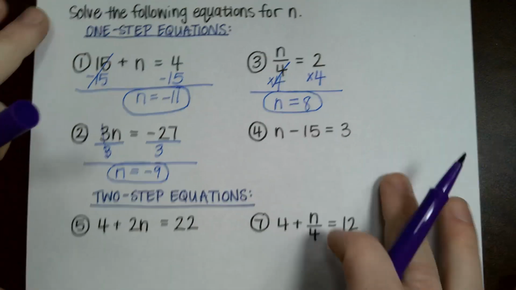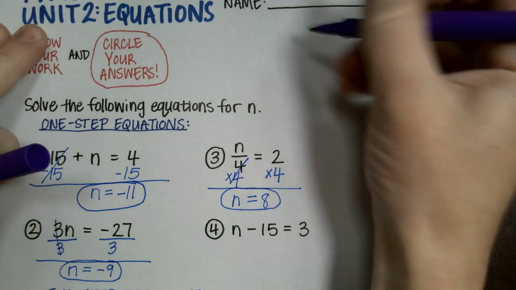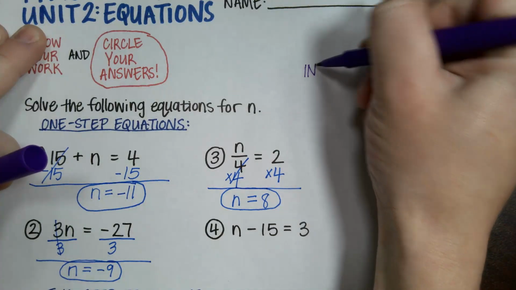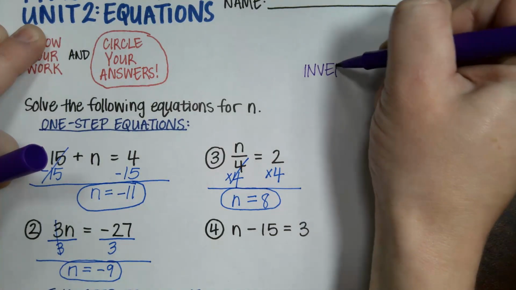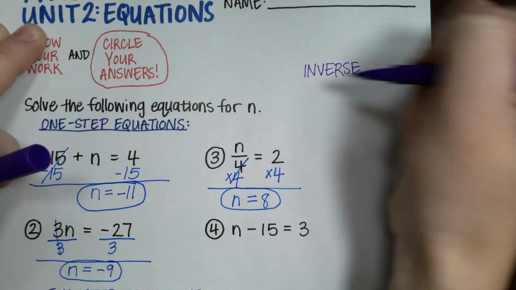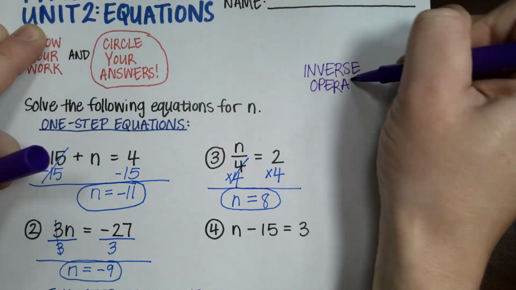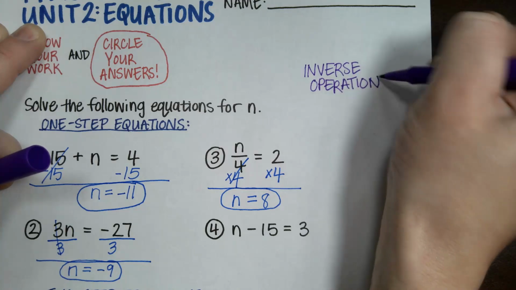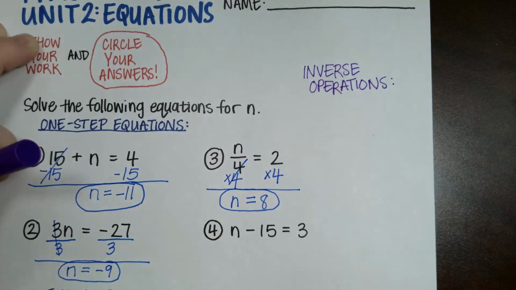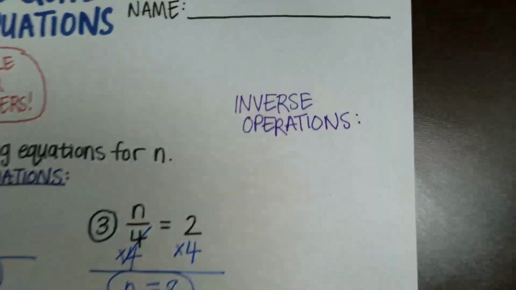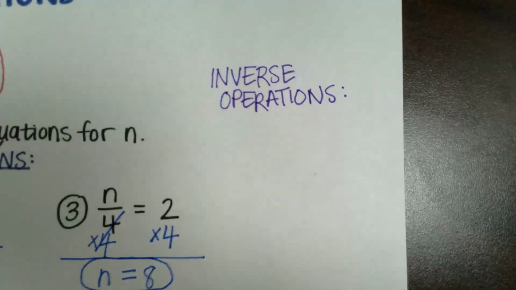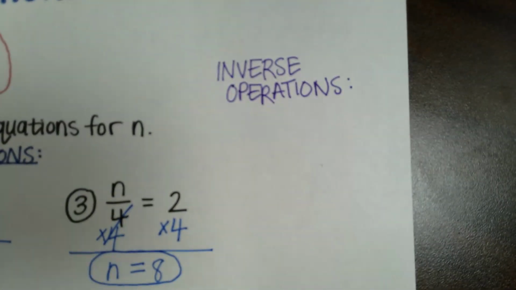I'm going to write it right over here before we even start. I'm going to say inverse operations. Okay, and let's just make a little list of our operations that we might be undoing in our equations.